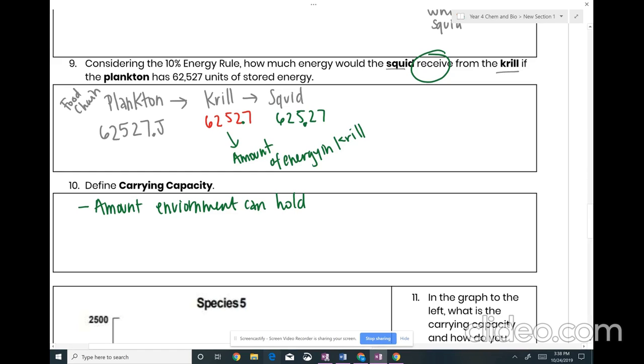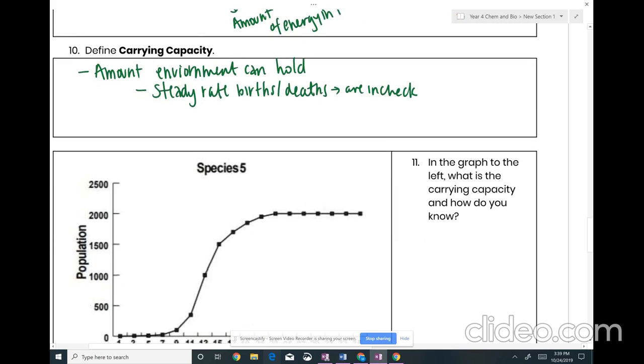So any amount that the environment can hold successfully, with a steady rate of births and deaths, will be your carrying capacity. So the key thing is that it's a steady rate of birth and death. You want to keep the births and deaths in check, and not have one of them overshooting the other.